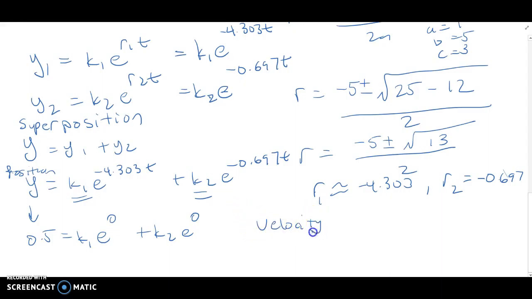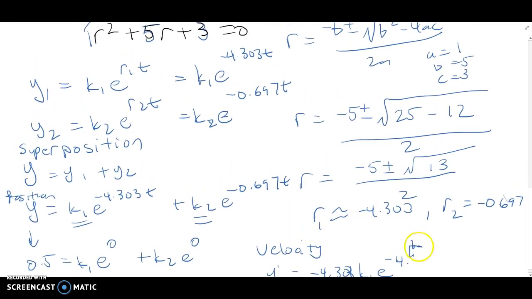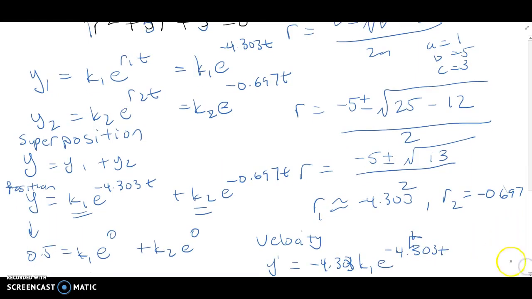That's going to be y prime equals negative 4.303 k1 e to the negative 4.303t plus the derivative of the second term, which is negative 0.697 times e to the negative 0.697t. And of course, I forgot the k2 here.